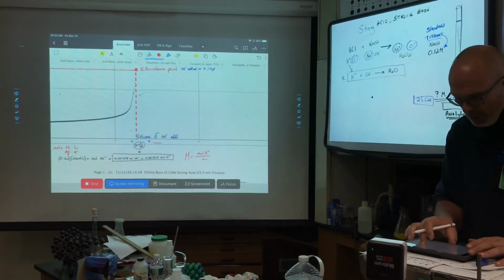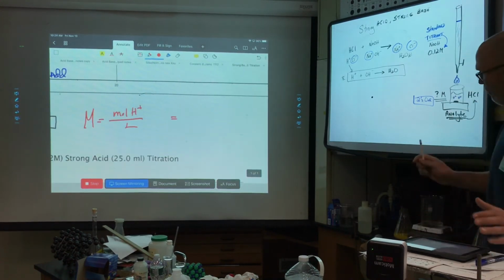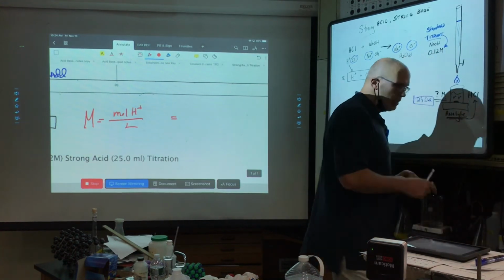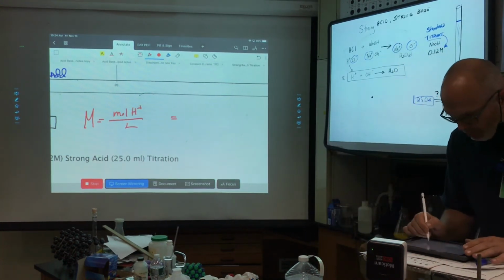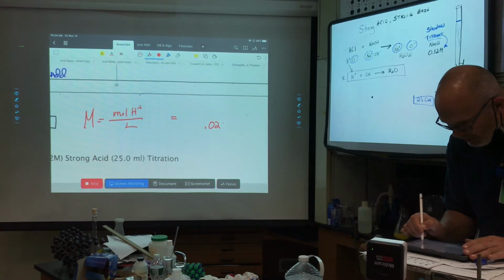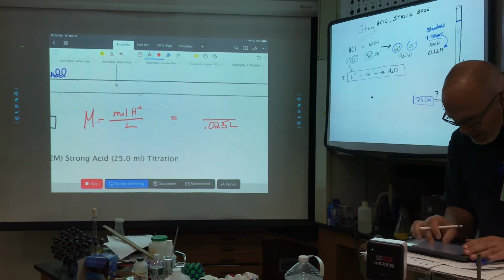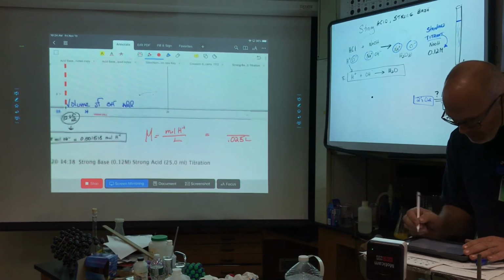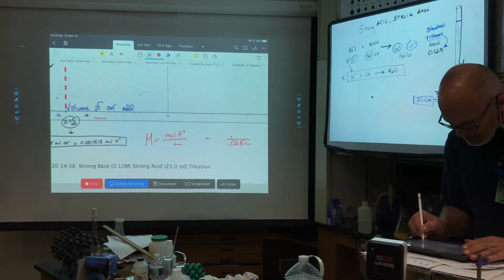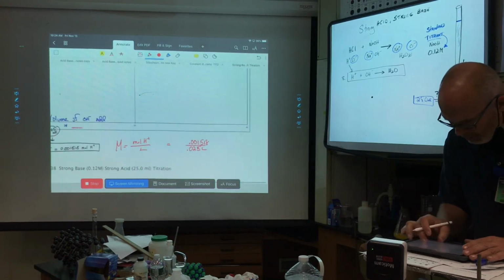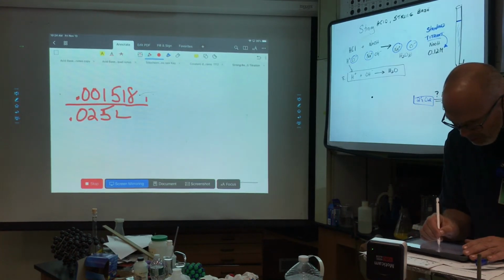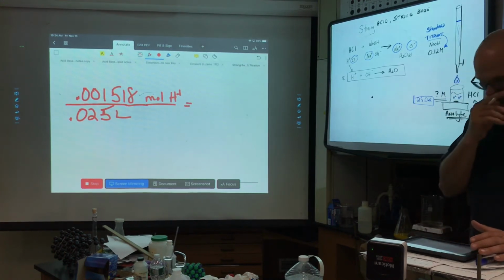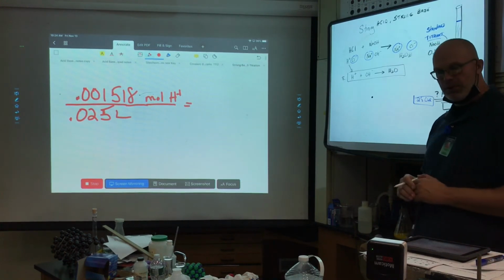Well, I told you, party people, we have 25 milliliters in the beaker. So that, of course, is 0.025 liter. And the same moles of hydroxide are the same moles over here. So that's 0.001518, and that, of course, is moles of H+. Put that in your calculator.